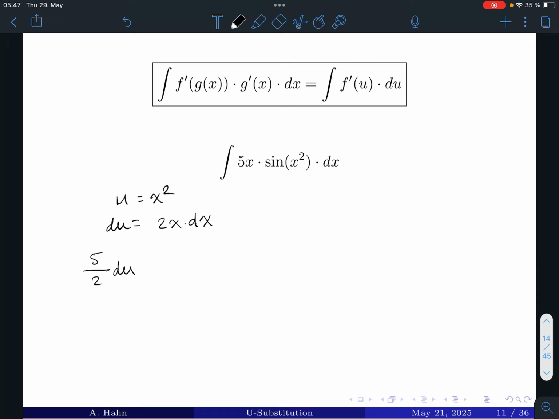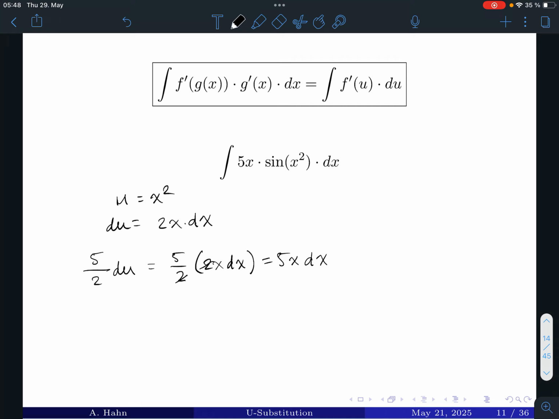So we can multiply both sides by 5 over 2. Then du times 5 over 2 is 5 over 2 times 2x dx, and then the 2's cancel, and this becomes a 5x dx. Great. So again, what I did was multiply by 5 over 2 on one side, and then 5 over 2 on the other side, and that gave us 5x dx.